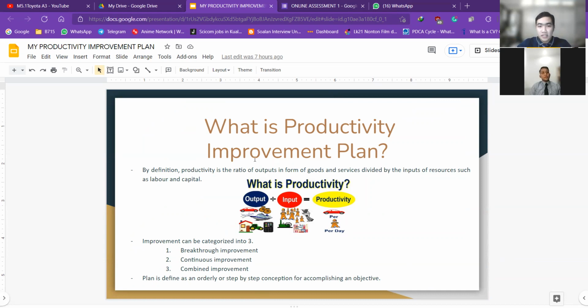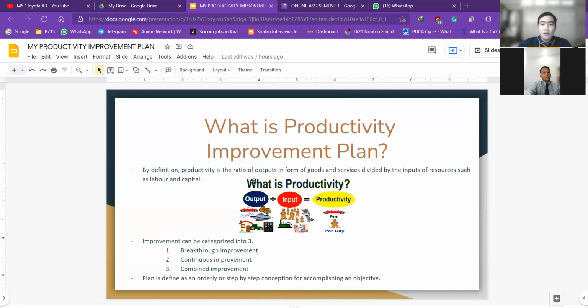As you can see in this figure, output, like money, a car, a ship, or anything that you want to produce, is divided by input, like your labor, what you are giving into it, and what comes out of it is productivity.